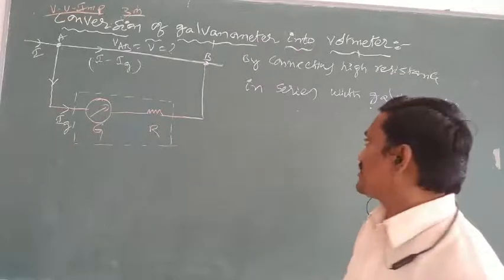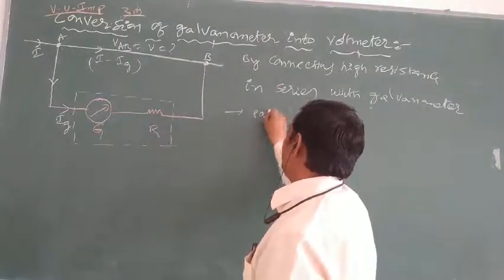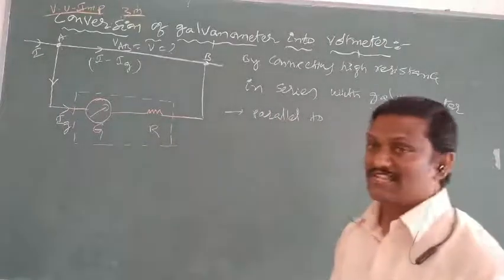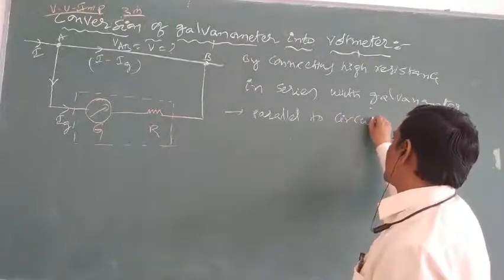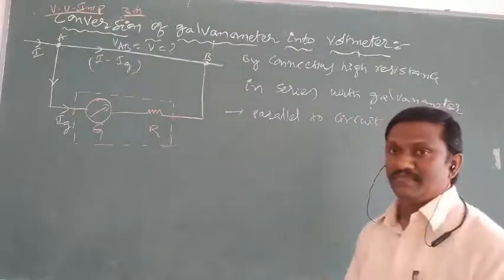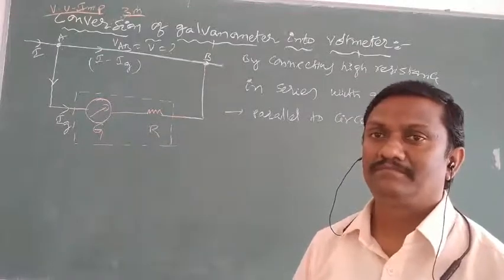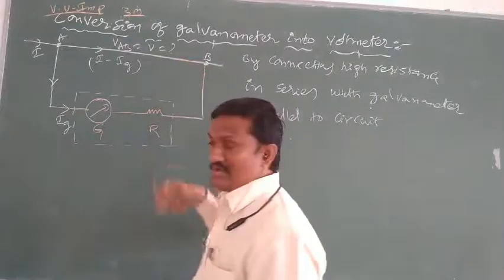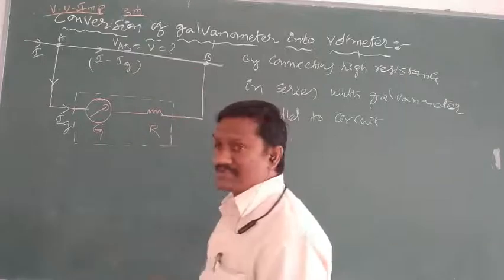And the second point: a voltmeter is always connected parallel to the circuit. An ammeter is always connected in series with the circuit, and a voltmeter is always connected parallel to the circuit, because we know in a parallel combination the potential difference is always the same. So this part and this part are always parallel to each other.